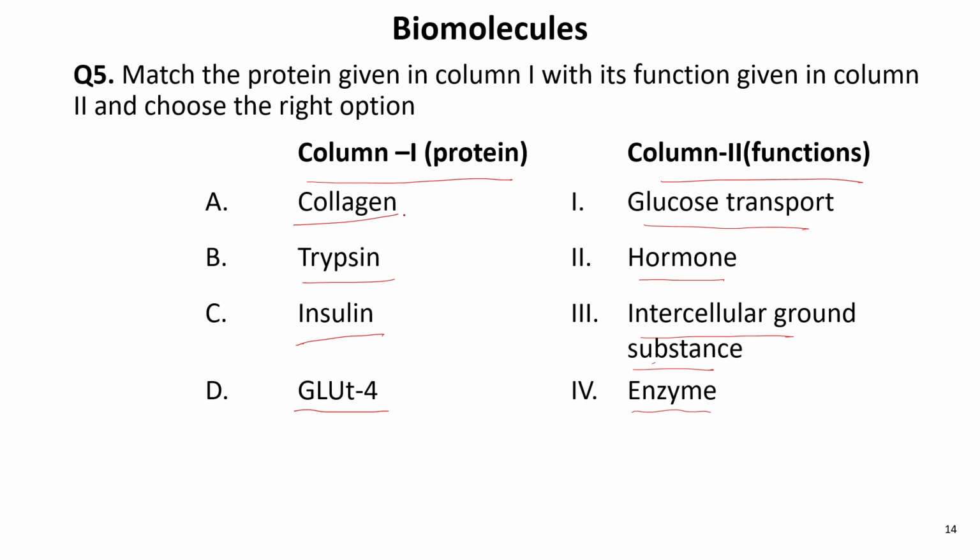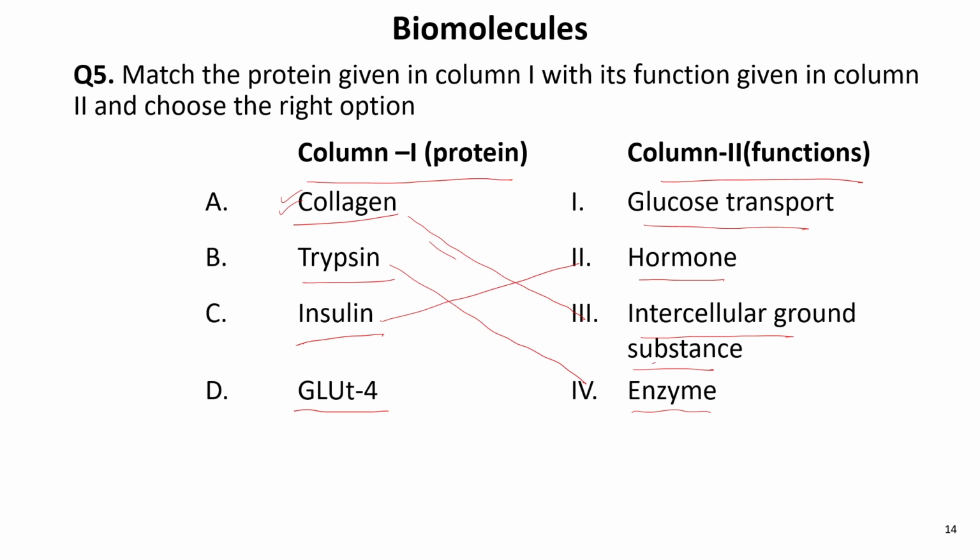So collagen is actually an intercellular ground substance. Trypsin is an enzyme. Insulin is a hormone. These are all protein. Collagen is also protein. That is the largest animal protein.